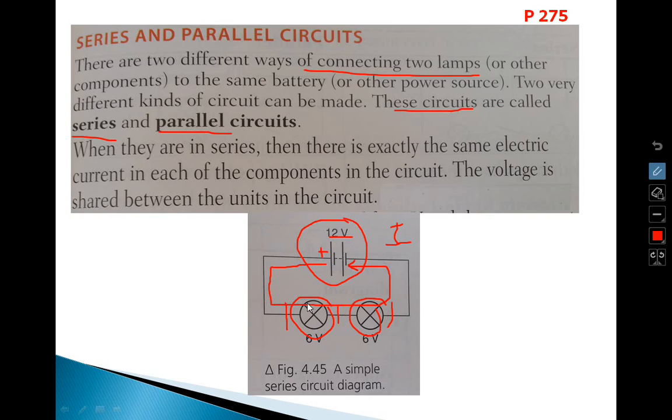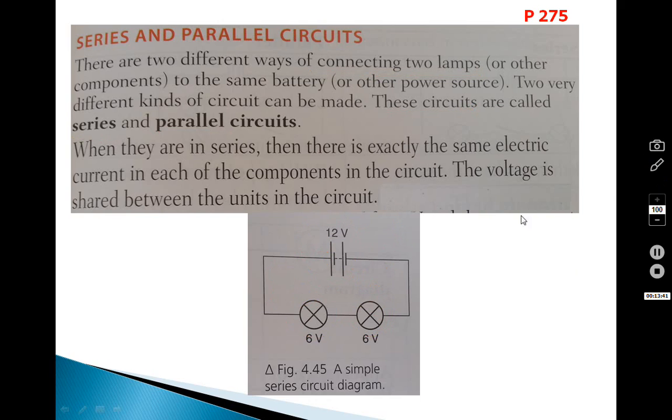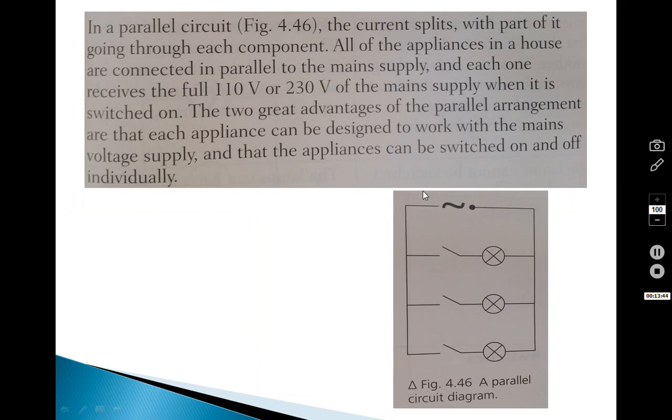If we have a resistor here, the value of V depends on the value of R. Sometimes we can get 6 here, 6 here, or for example 2 here, 10 here. It depends on the component. So the conclusion: in a series connection, current is constant and we have different values of V. V is divided between components. It is exactly the opposite in parallel circuits.